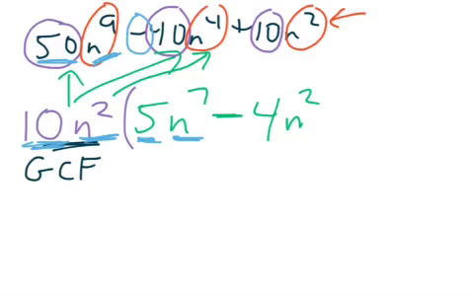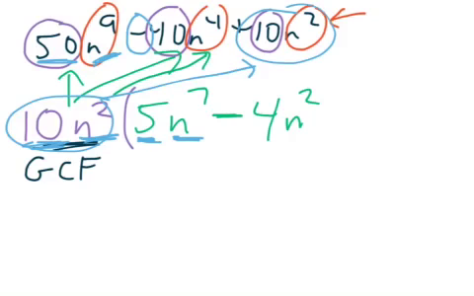And now finally, I guess I better use a different color. This 10n squared divided into 10n squared up here is simply 1.